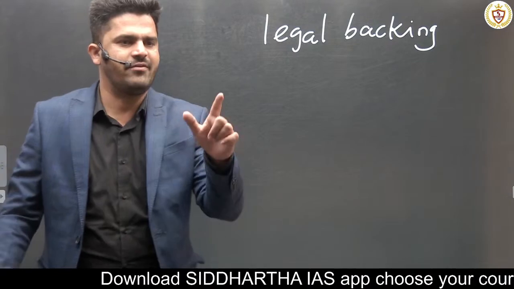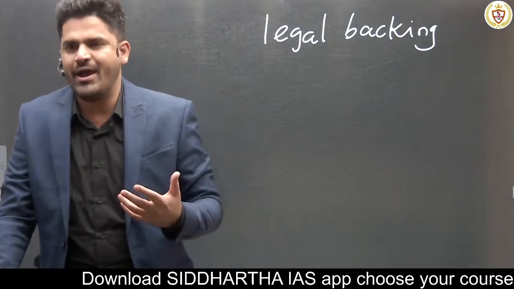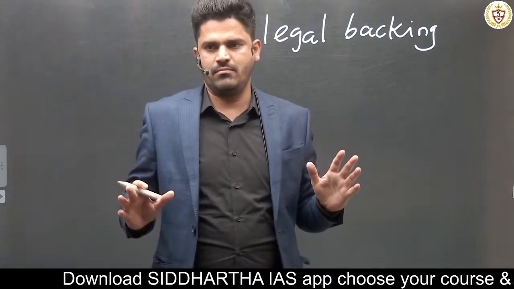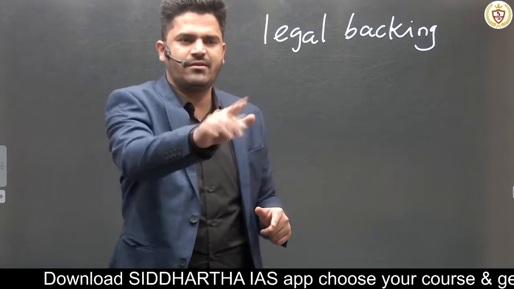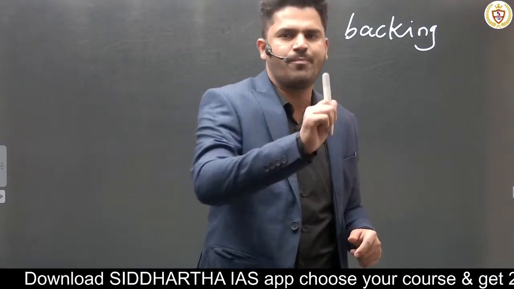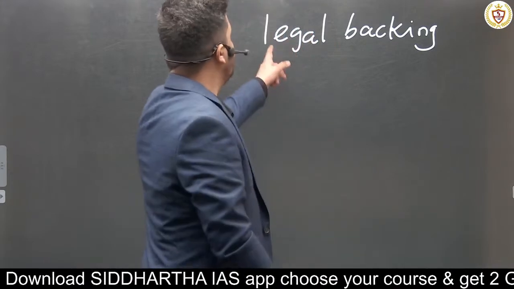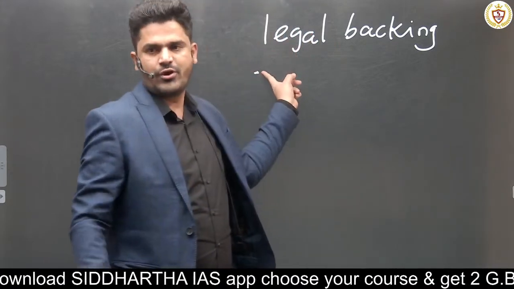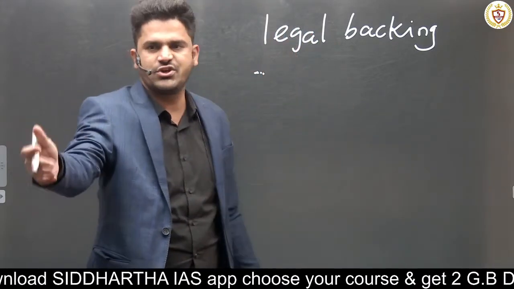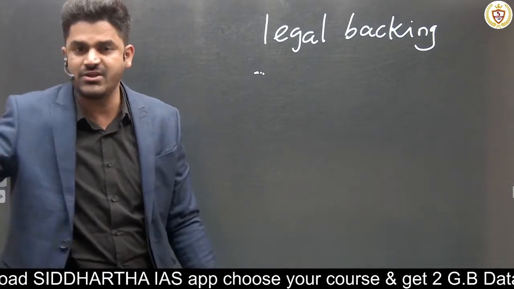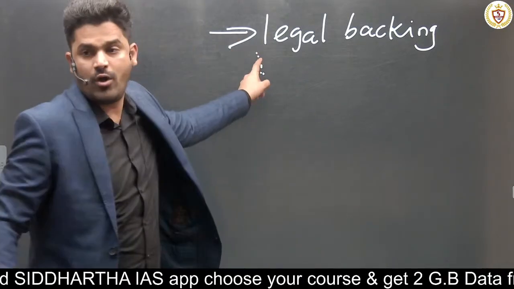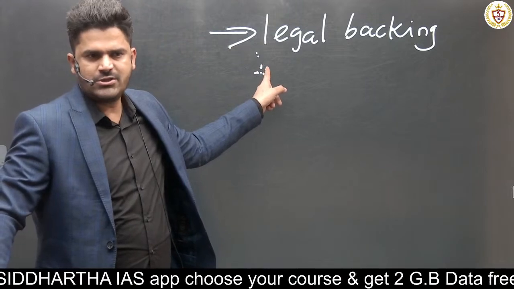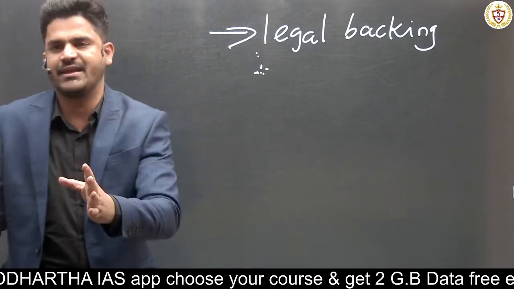Suppose you have the right to private property, and some thief comes and takes away your property, then you should have some remedy. You can go to the court or the police station, you can file an FIR, and if the thief is caught, he will be punished by law. Right? So rights should have legal backing.